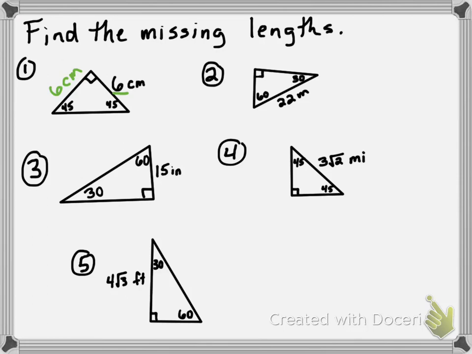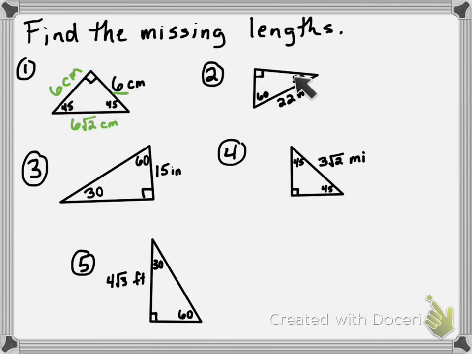And then the hypotenuse is always the same number times the square root of 2. So that's all I had to do. No math. All you have to do is know your special triangle. If this is 6, then this is 6. And if this is 6, then this is 6 times the square root of 2. That's it. Now, that's the relationship for a 45, 45, 90.